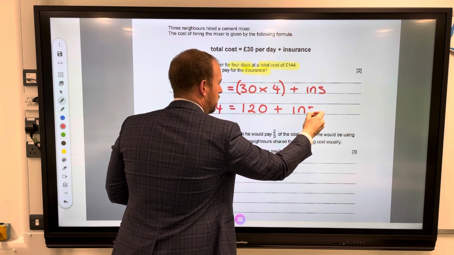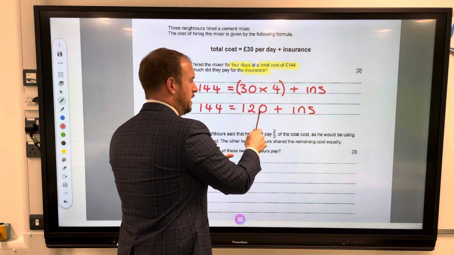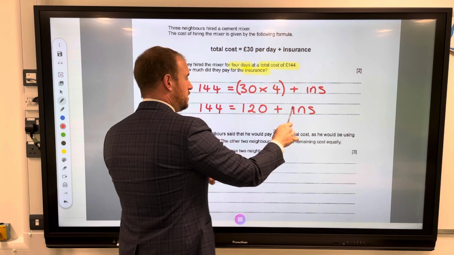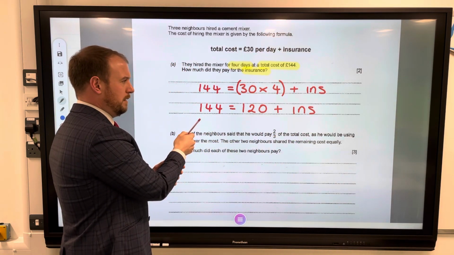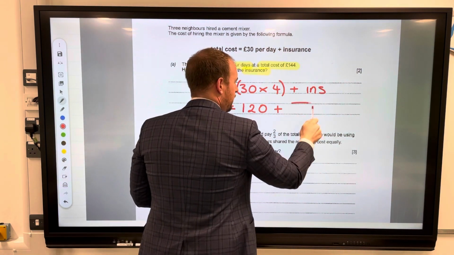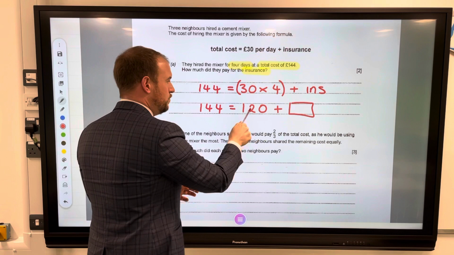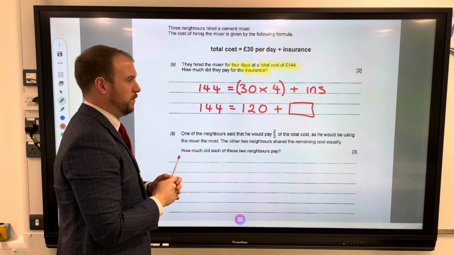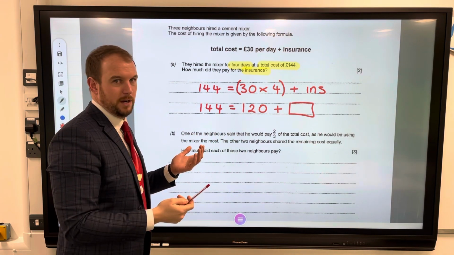So now we've got 120, add the insurance to make £144. Even if I put it as a square, what do I add to 120 to make 144? Well, it's got to be £24.